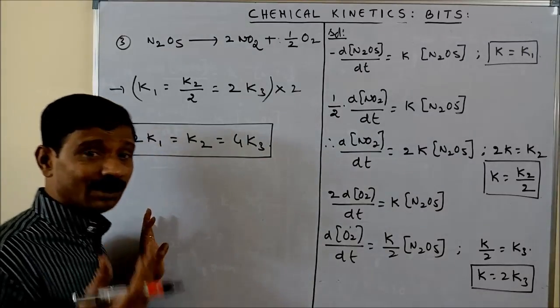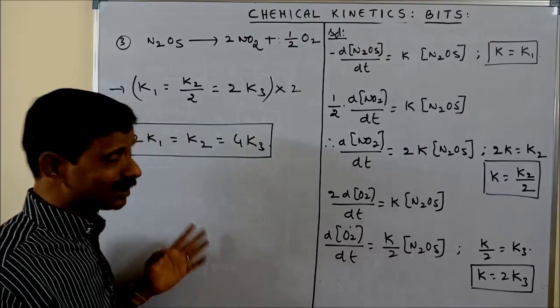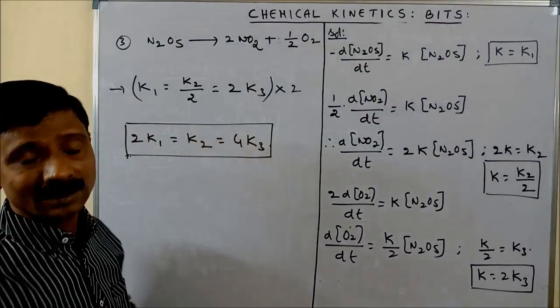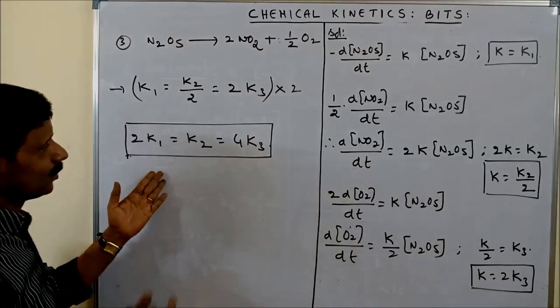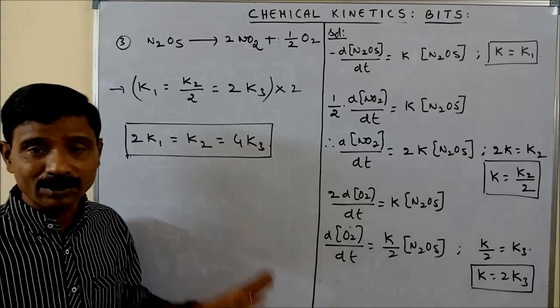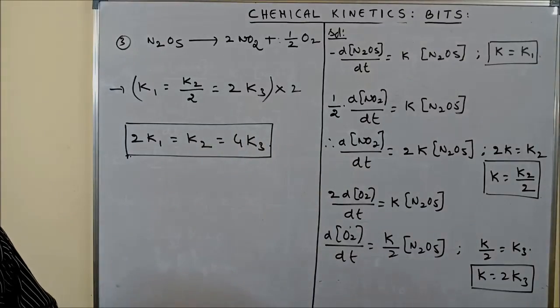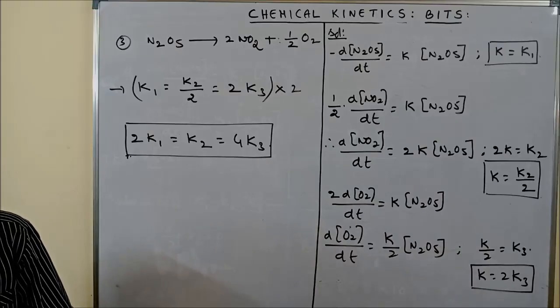But at the time of examination, no need to spend this much time. So simply the given rate constants by their stoichiometric coefficient. After that, go for simplification. So this is another important model here. Okay, and next we'll go for one more important one.